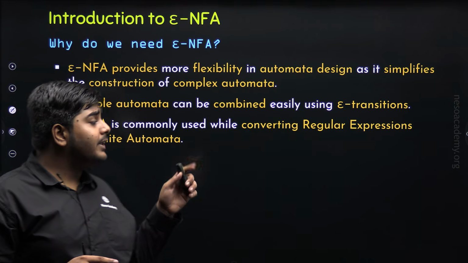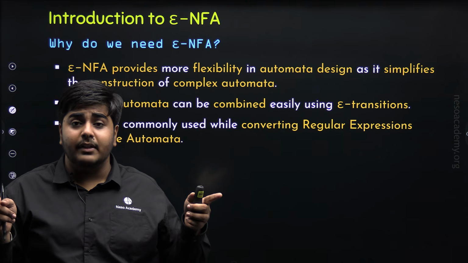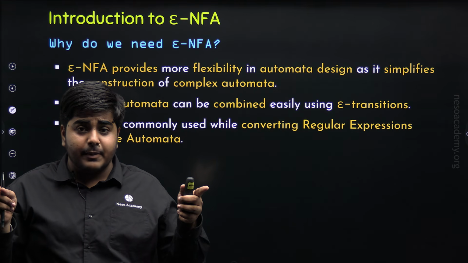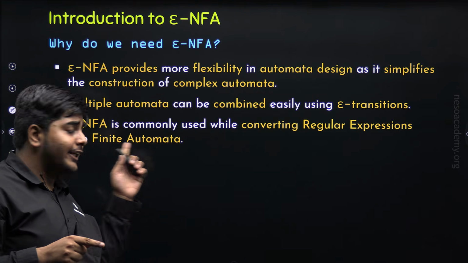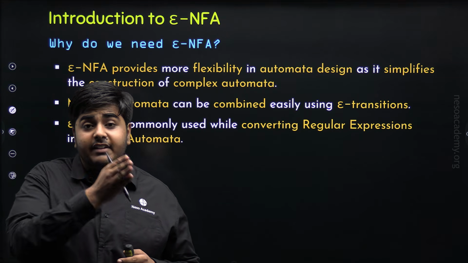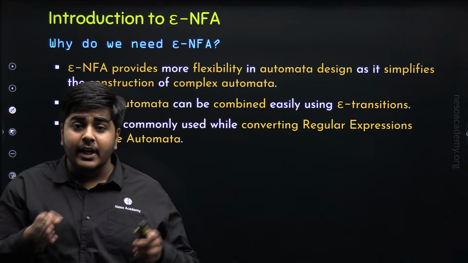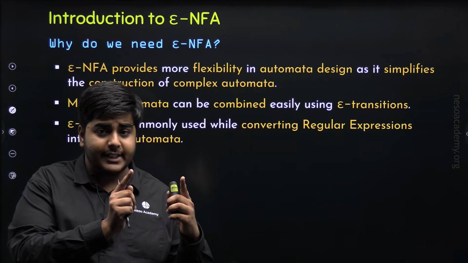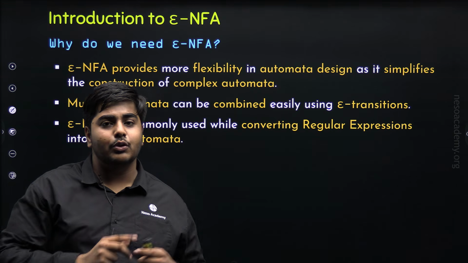Sometimes the regular expressions are very big, so it is not possible to convert the big regular expression into one finite automata in one single go. That is why we divide that big regular expression into multiple parts, and for each sub-part of the regular expression, we draw a finite automata.